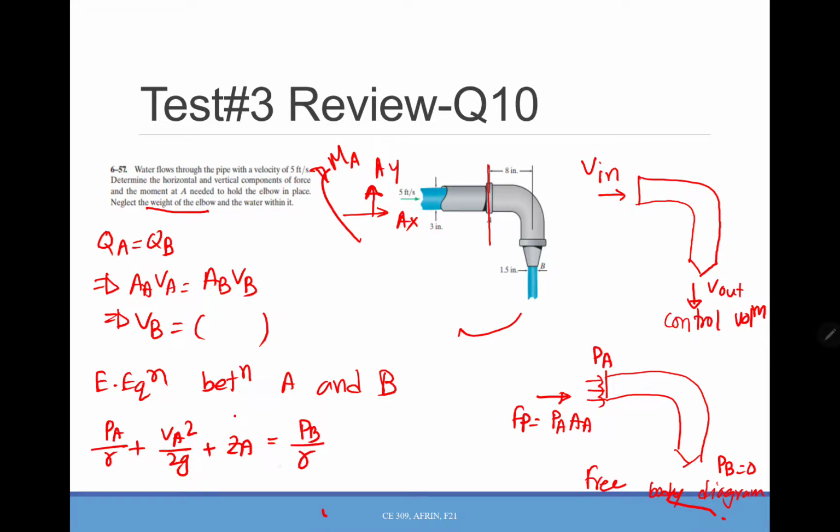At B, PB over gamma is 0, VB squared over 2g, you know the velocity, and ZB.